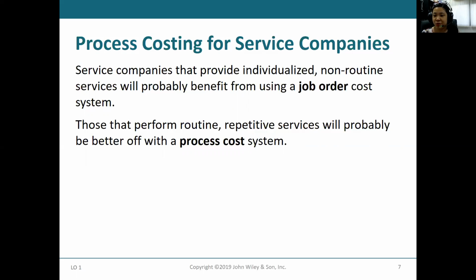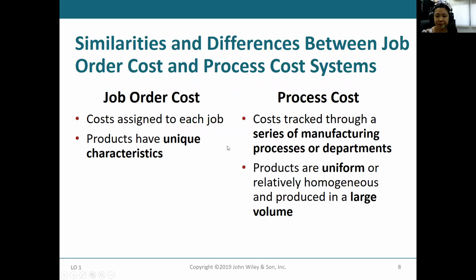Every patient will be treated differently. But if a service company performs routine, repetitive services, then they can use the process costing system. If the routine happens again and again, the same service, then they can use the process costing system.